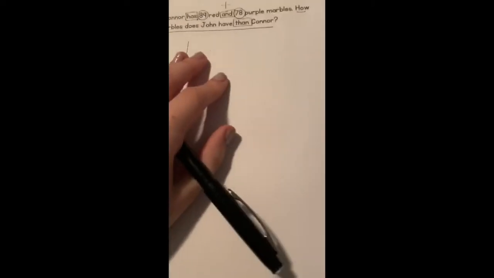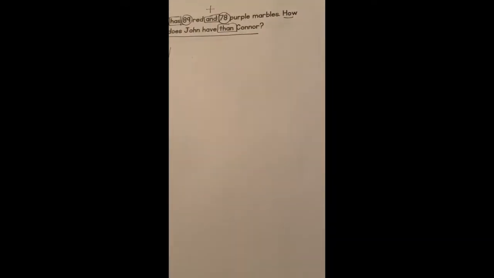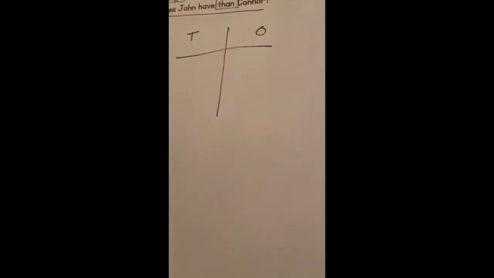Another way that you could have done this is by drawing out with your tables. If I want to start off, I want to know how many Connor has in total. He has 89 and 78, so I need to figure out the total of that. I would make a tens and a ones chart because there's no hundreds there so far.